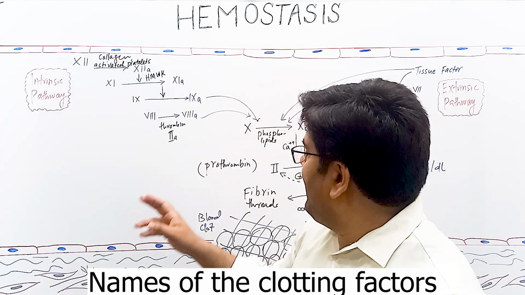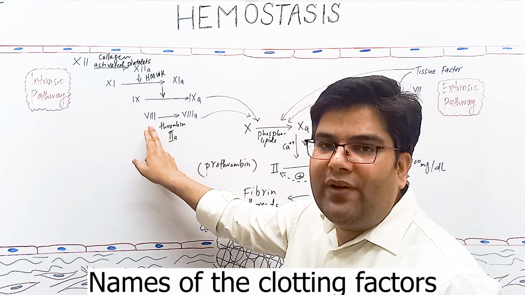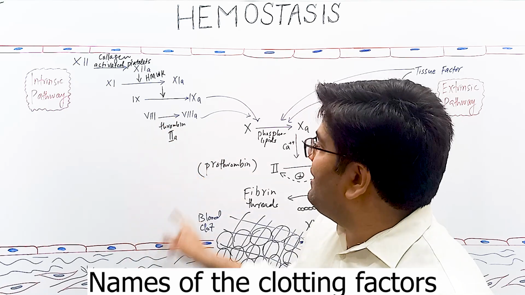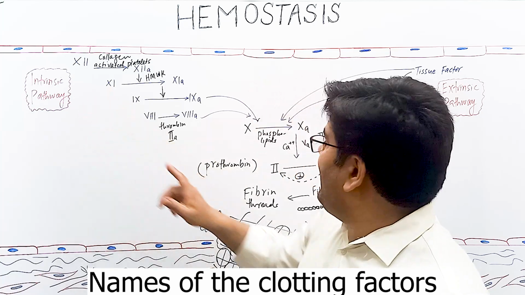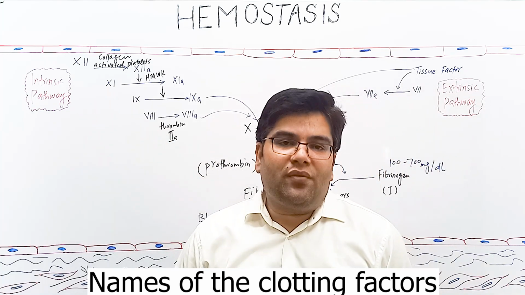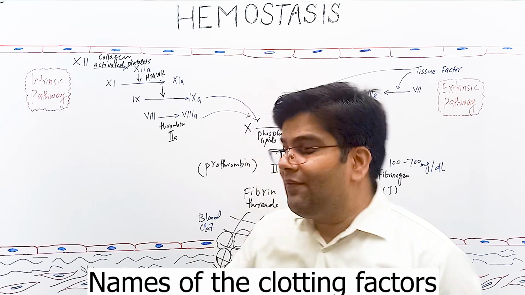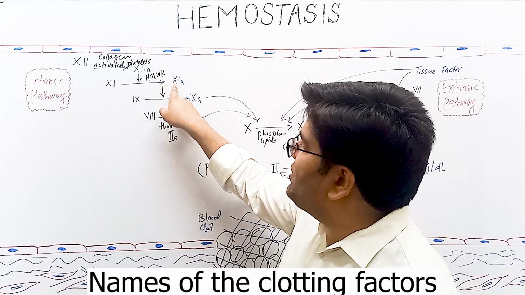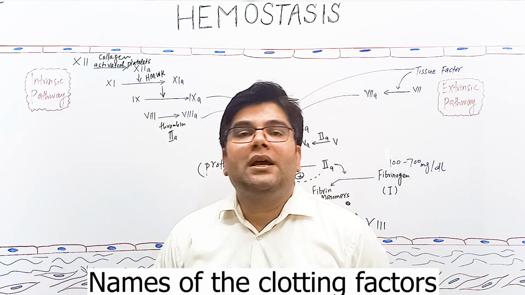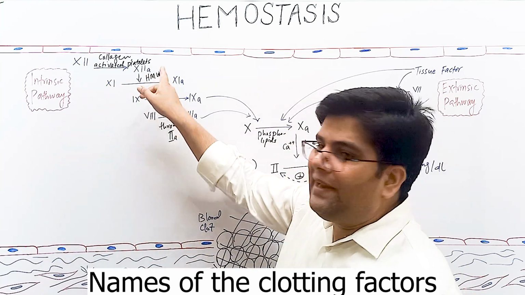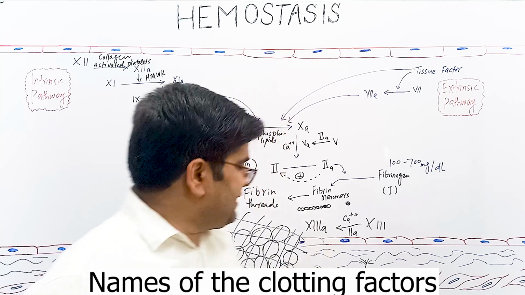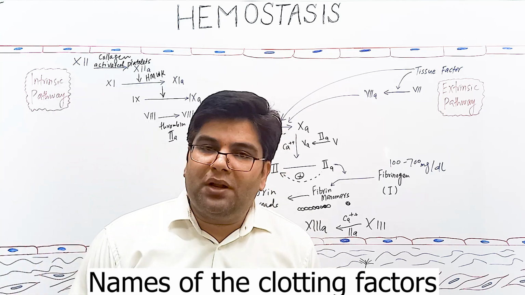Clotting factor number 8 is anti-hemophilic factor A. Clotting factor number 9 is anti-hemophilic factor B. Clotting factor number 10 is Stuart-Prower factor. Clotting factor number 11 is anti-hemophilic factor C. Clotting factor number 12 is Hageman factor. Prekallikrein, high molecular weight kininogens, and platelets also behave as clotting factors.